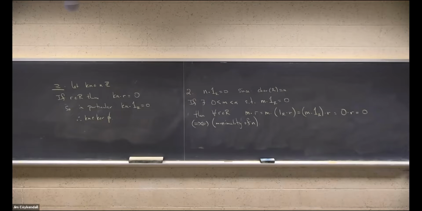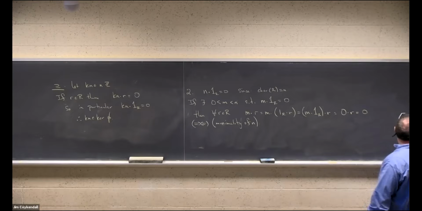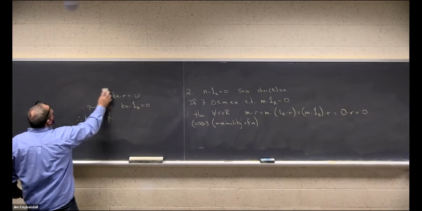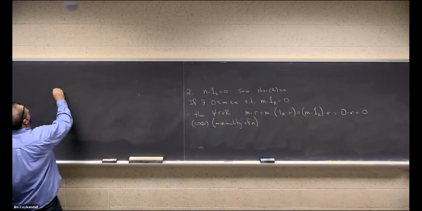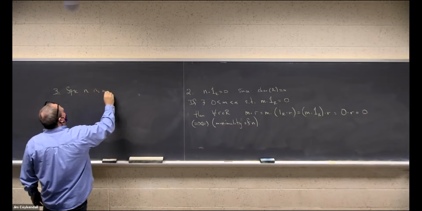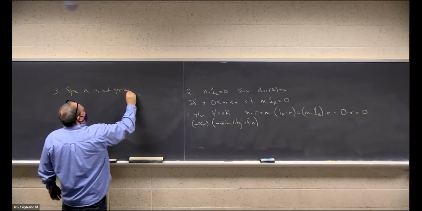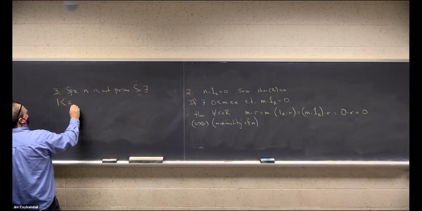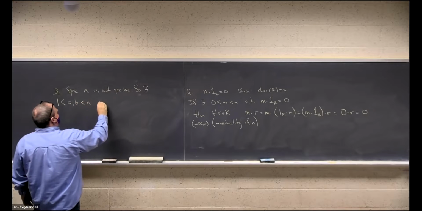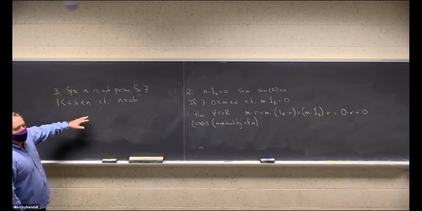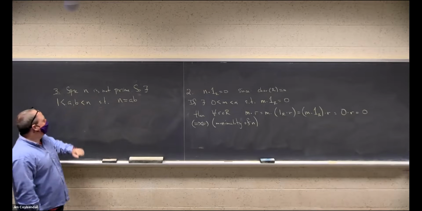So that's useful. How about this business about primes? If R has no non-zero divisors, then n is prime. Let's do the contrapositive really quickly. Number 3. Suppose n is not prime. So there exists a and b, that is to say, n can be decomposed in a non-trivial fashion this way.